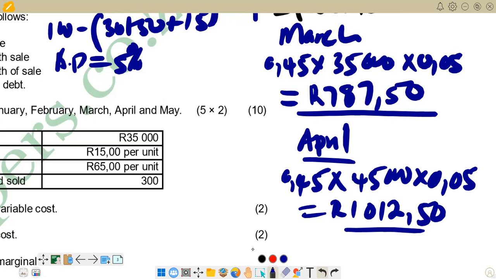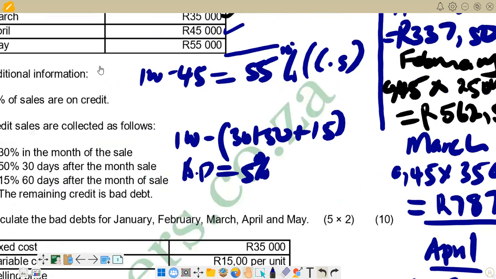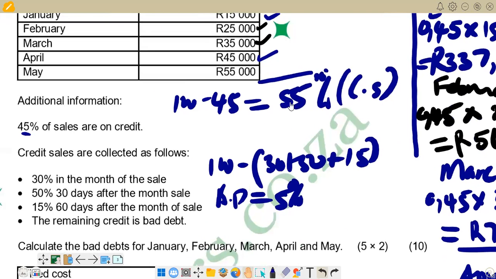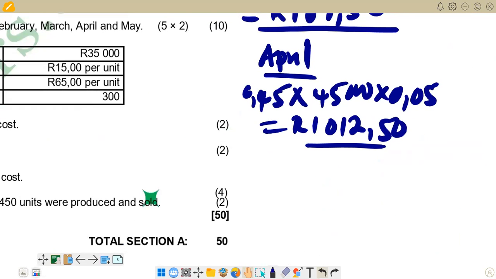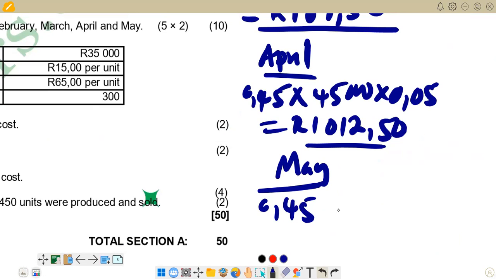Then from April, we go to May. Then we check the figure that we have for May for total sales. We are seeing for May, we have got 55,000 here. So we are going to use 55,000 there again. So we are now saying the last one, which is May. So we are saying 0.45. Then we multiply by the figure that we are given for May, which is 55,000.